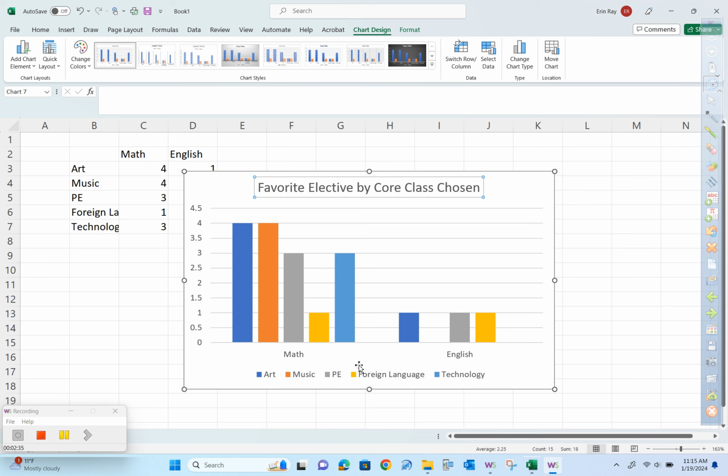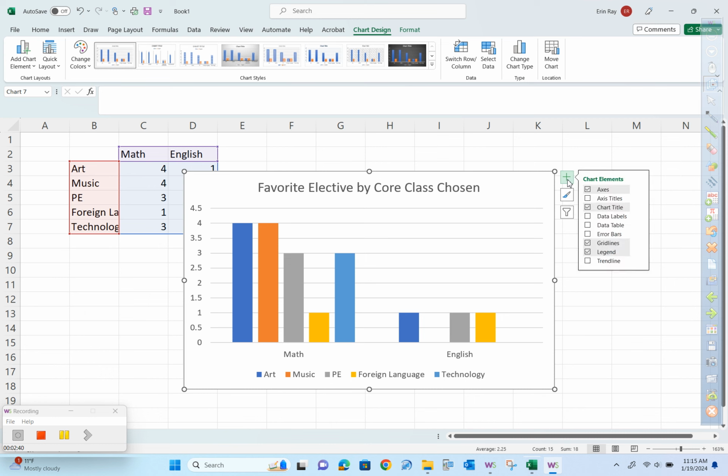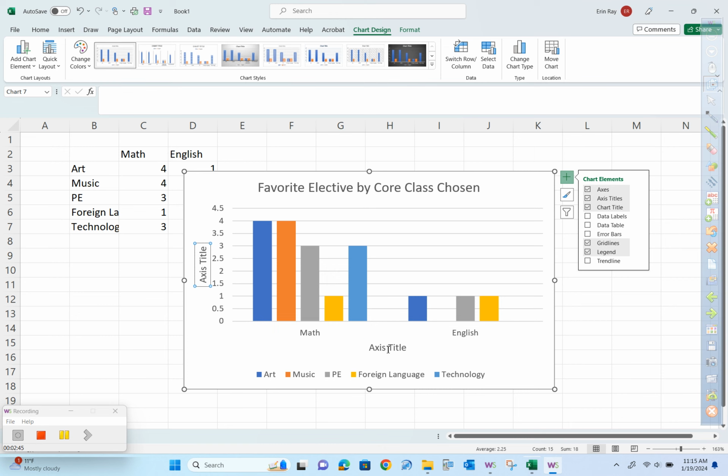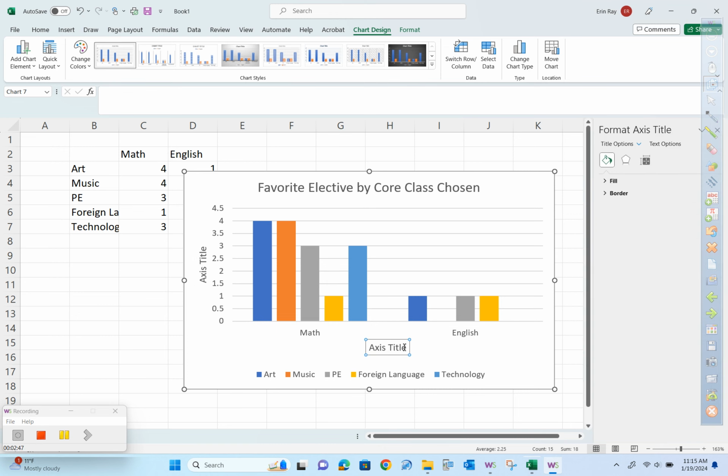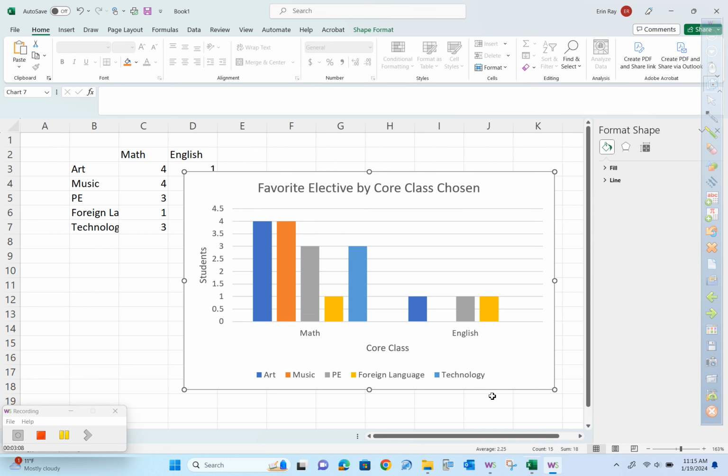All right, and then along the bottom here, we need to see an axis label. So we'll hit that little plus sign like we did last time, axis titles. So we can call this core classes. And then over here will be our count of students. Along the bottom is where the electives come into play. It's the legend. You don't have to put this along the bottom. It can be along the side, kind of like you see with a pie chart.